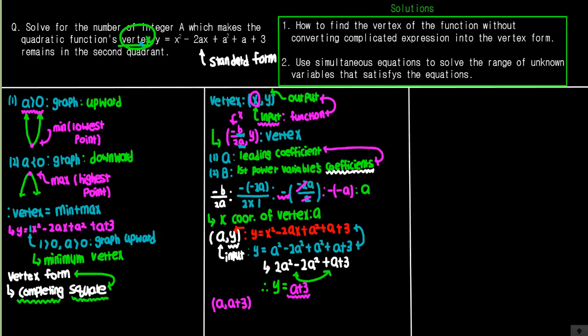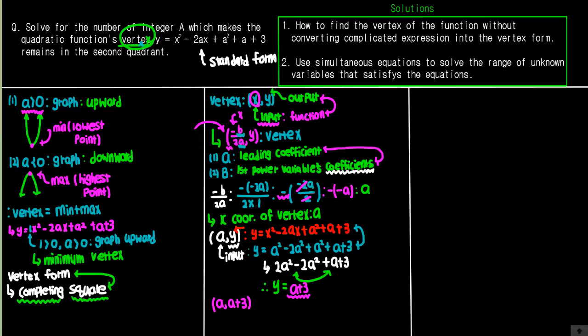So the most important thing when it comes to solving for a vertex in the standard form, which was our original function right over here, instead of converting into vertex form, which is also essentially completing the square, is that we can apply our formula for it. But the proof of the formula is also important, and I will be doing it in another video.